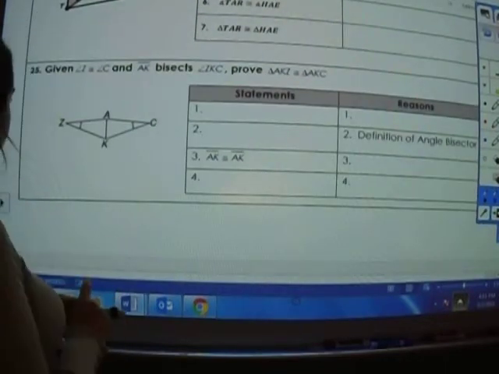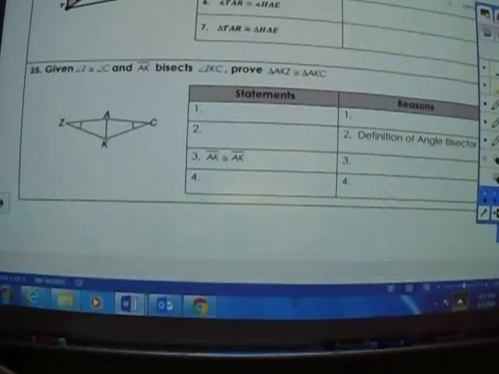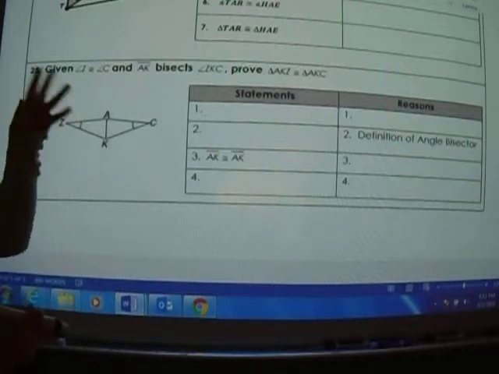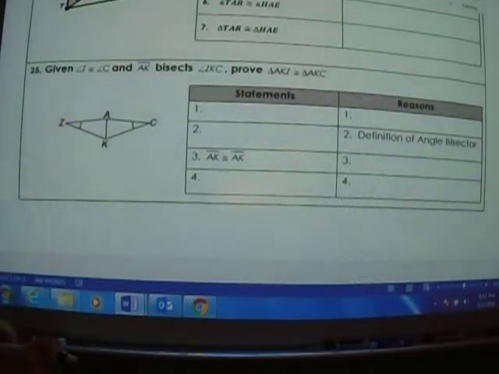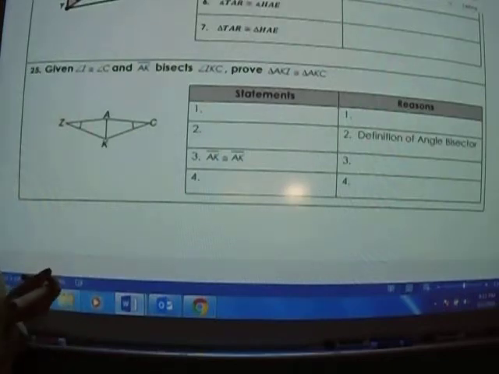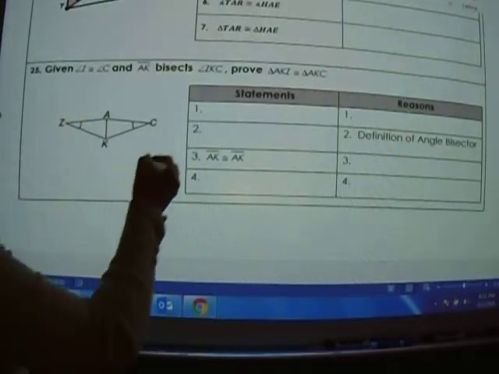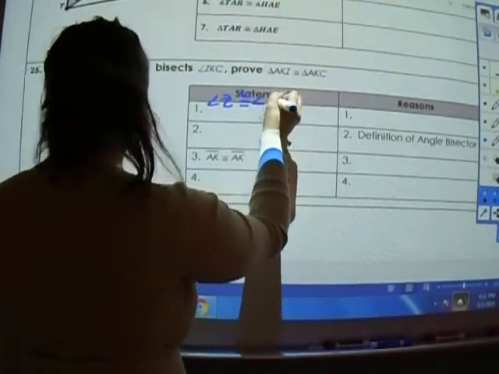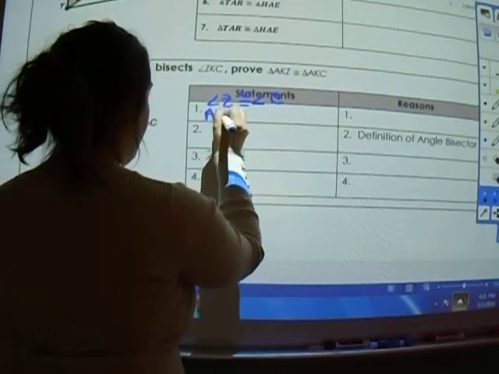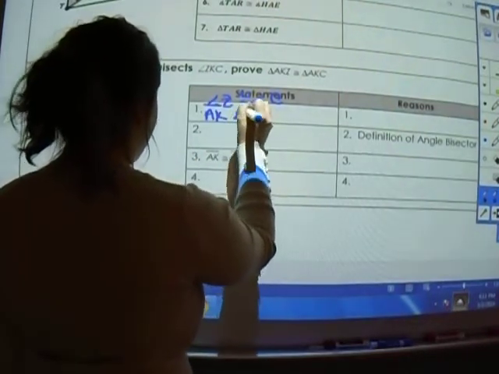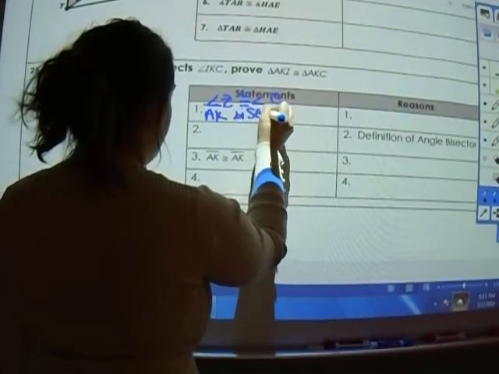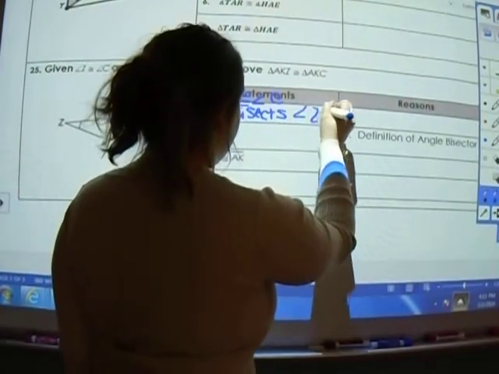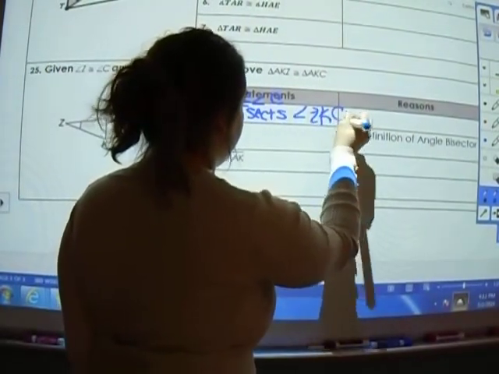And finally, we have number 25. Given that angle Z is congruent to angle C and line AK bisects angle ZKC, prove that triangle AKZ is congruent to triangle AKC. So let's go ahead and write in our given. Angle Z is congruent to angle C, and AK bisects angle ZKC.